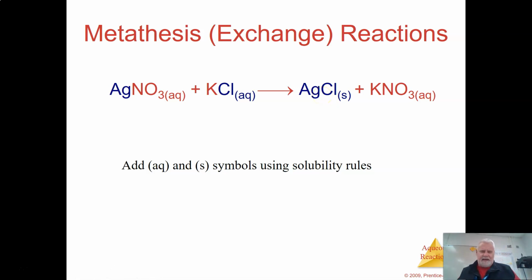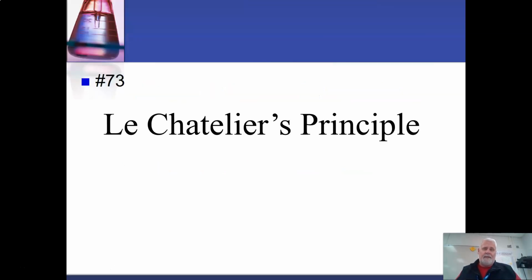So if you use your solubility rules and check out all the possibilities and see which ones are soluble, and the question actually asks which one would not have a precipitate, which really means that you wouldn't see any change in the reaction. So there's one where it's all aqueous, and it's up to you to find that one using your yellow sheet. Okay, so another problem that you can definitely do.